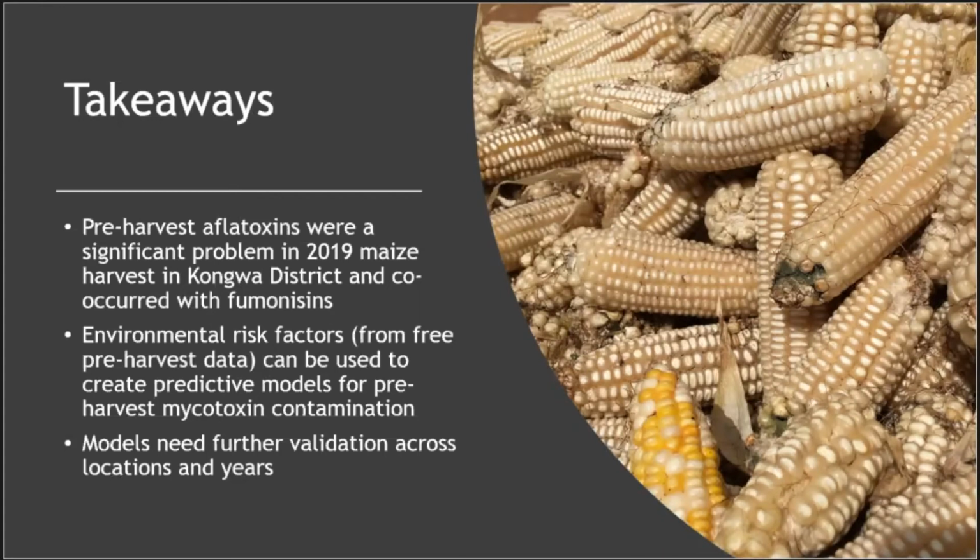Obviously, such models would need further validation across locations and years, but could help plant breeders understand variance in mycotoxin contamination across regions, or even public health experts who want early warning systems for these types of problems.